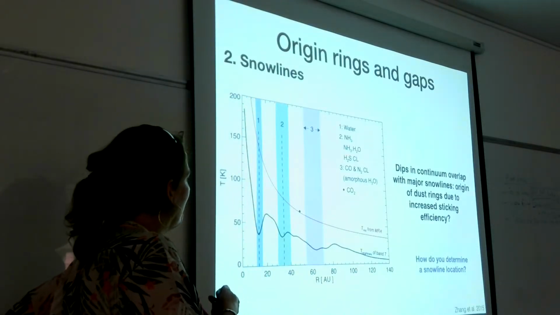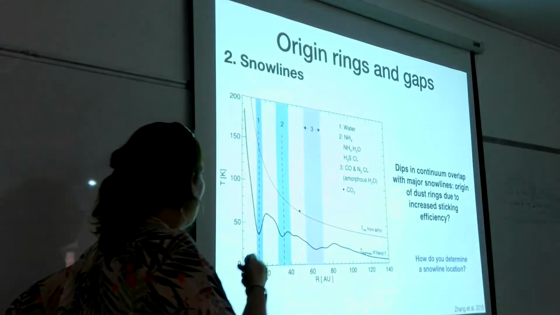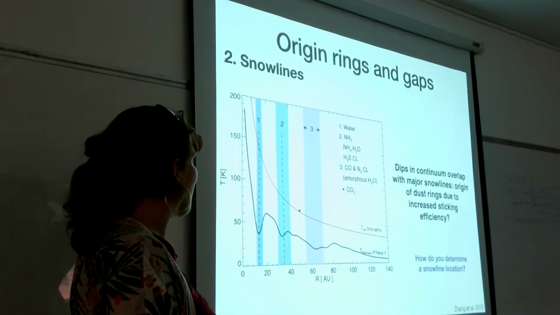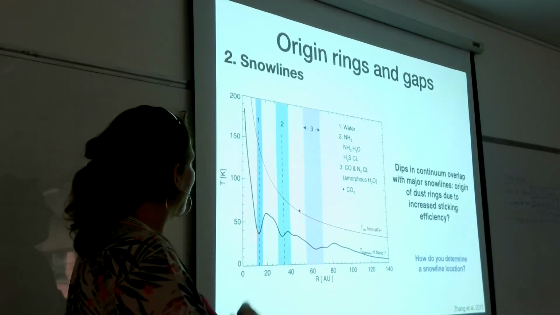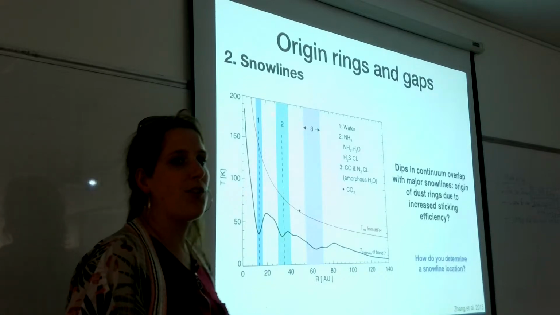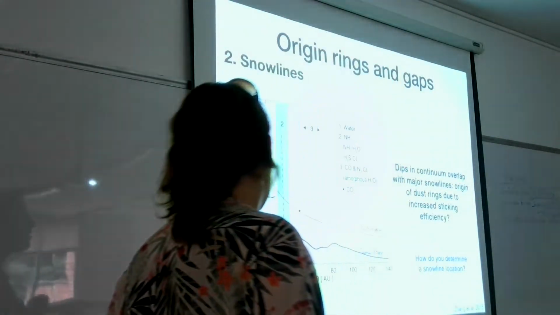What she noticed was that the dips of the HL Tau disk appear to coincide with the freeze-out temperatures of several of the molecules that we are expecting to find in disks.